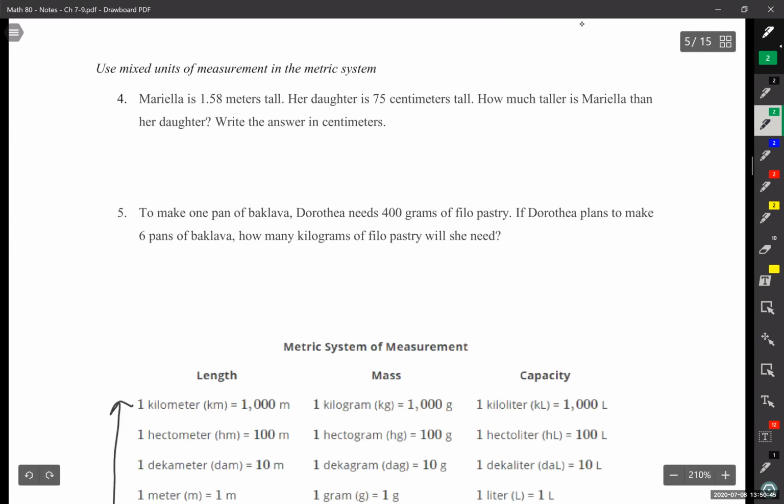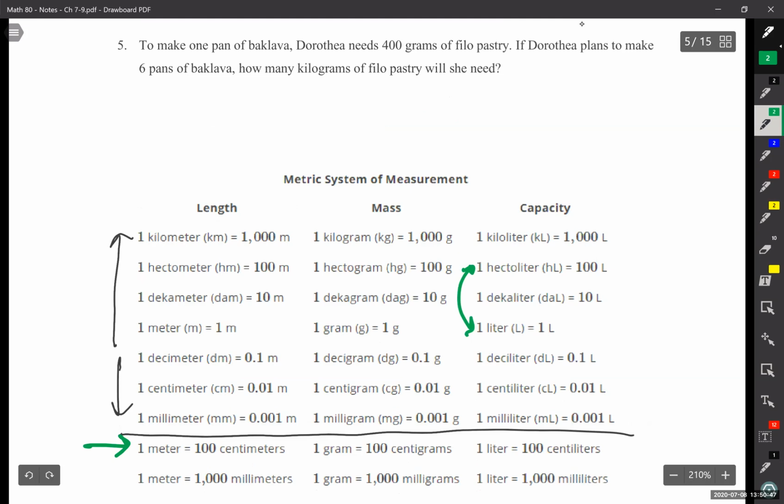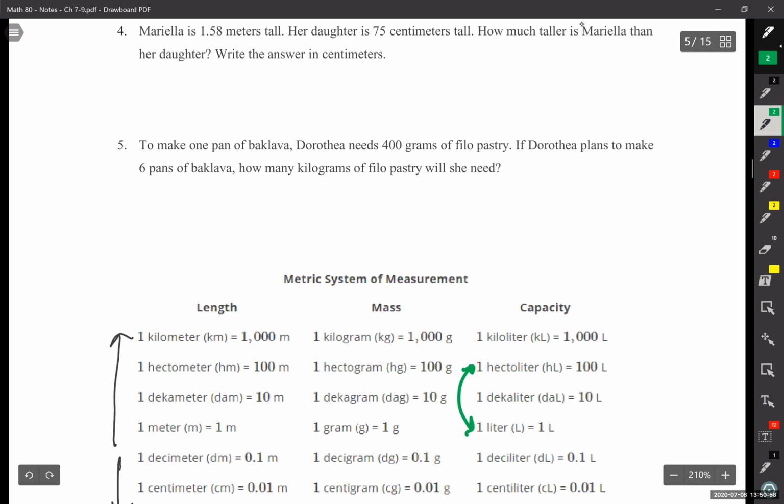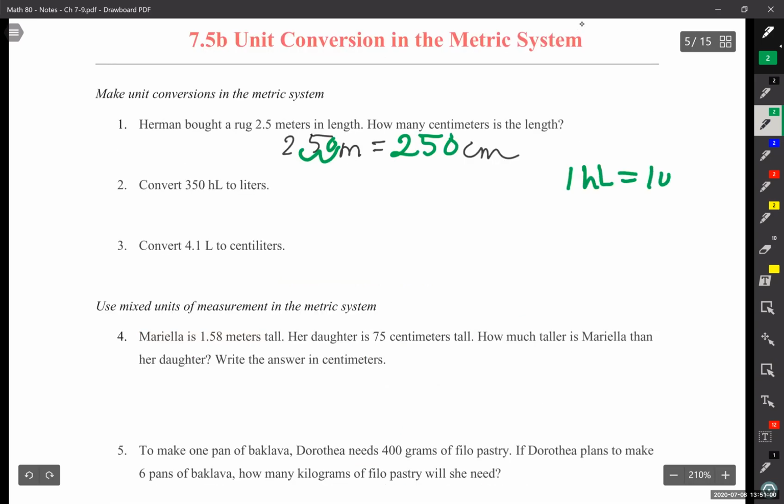A hectoliter is 100 liters. So let's go up here. 1 hectoliter equals 100 liters. Just write it down so I have it to remove my decimal.